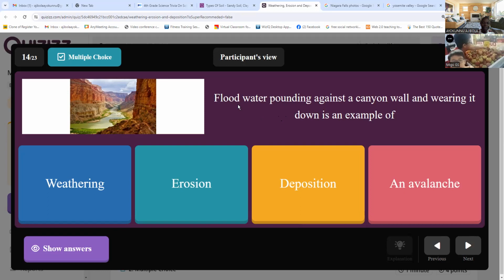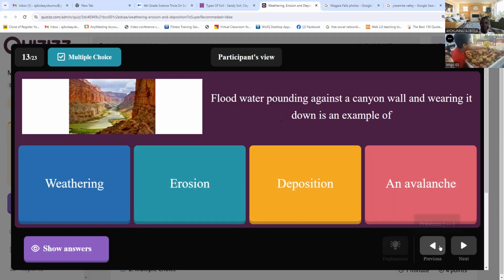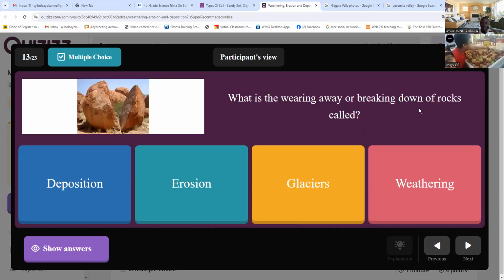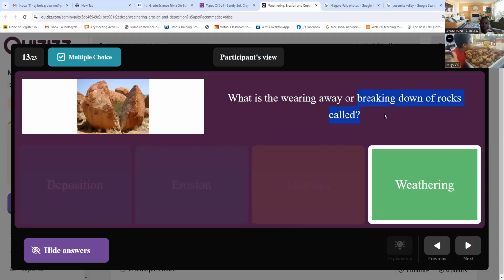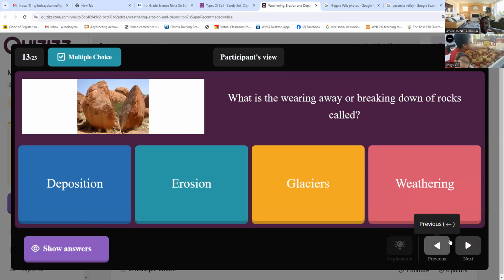Do you remember we just answered a question about breaking down of rocks? That was weathering, right? So let's go to the question.